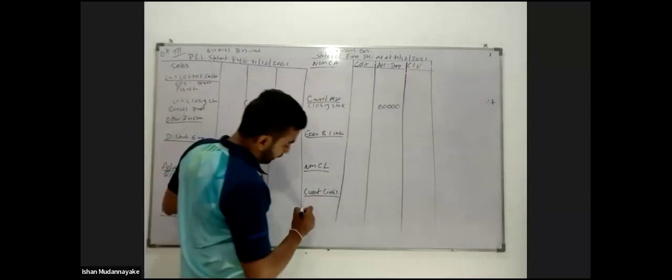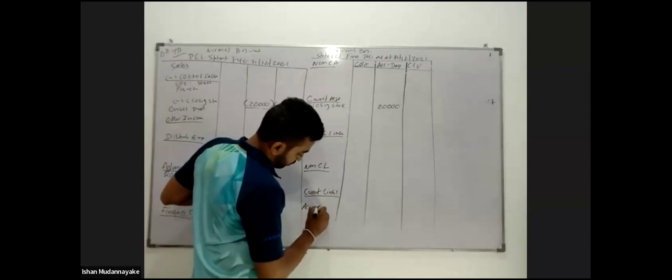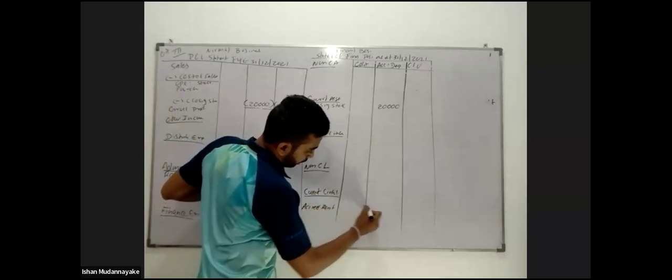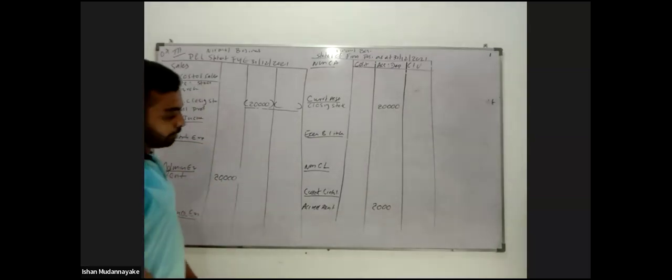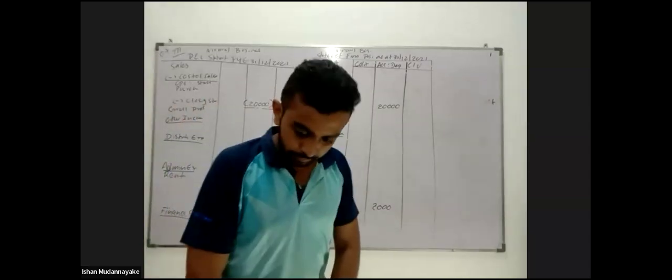Rent goes to administration expense, 20,000. And accrued rent 2,000 is a current liability.